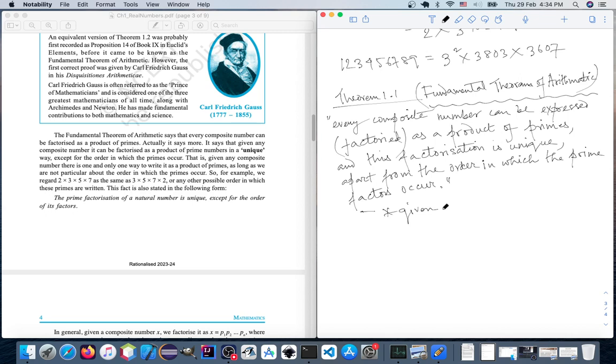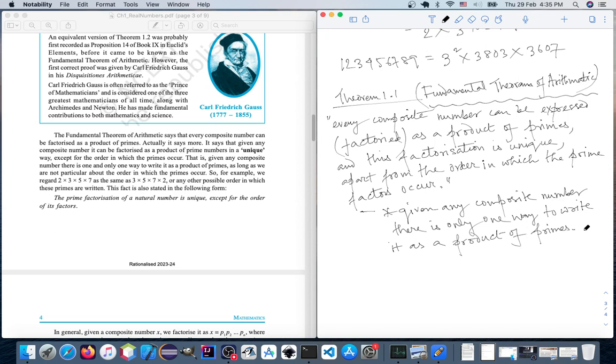Given any composite number, there is only one way to write it as a product of primes.